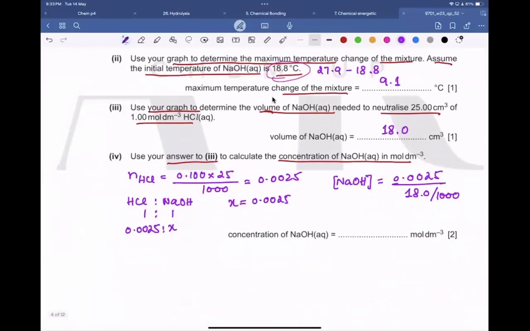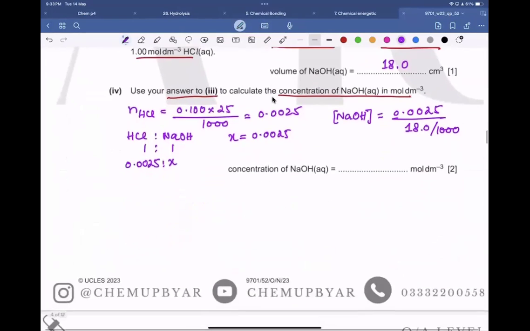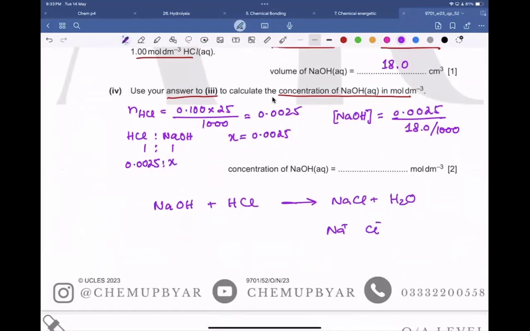Can anyone tell me the answer, please? Make the equation of NaOH and HCl. See, we know acid and base react to form salt and water. So Na is +1 and chloride is -1. So when you make the formula, it's NaCl, right? So see, the equation is balanced.